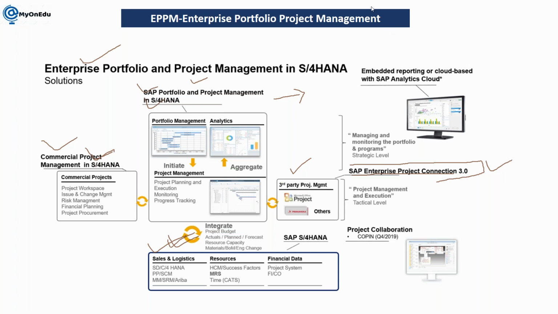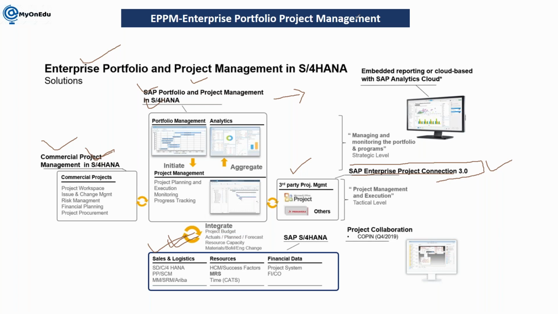In S/4HANA, to make reporting interactive and easy, SAP has given embedded analytics. Basically, whatever transactions you are executing will be saved in the database, which will be fetched through BW, and it will be presented in different reports here.